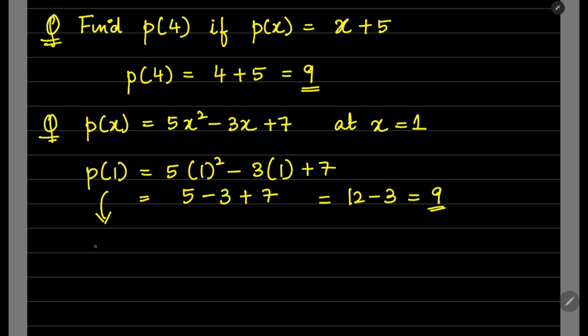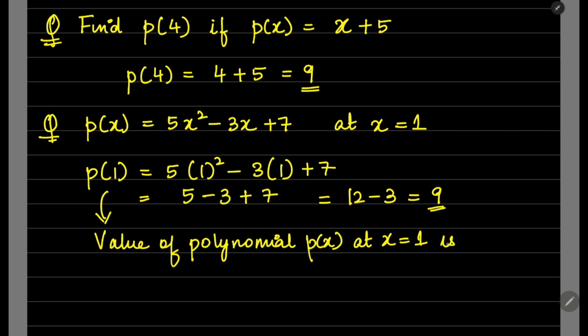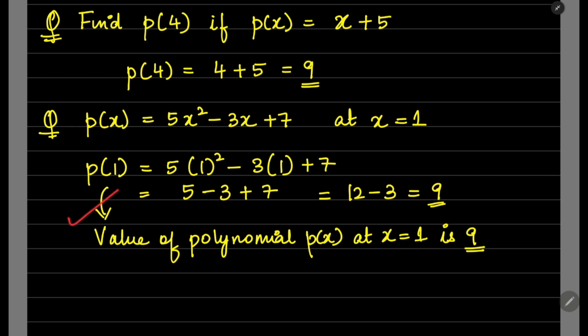So the value of the polynomial p of x at x equal to 1 is nothing but 9. This is your final answer. If it's a 1 mark question, you will get 1 mark. If it's a 2 mark question, you will get 2 marks. And you have to write the statement as well.